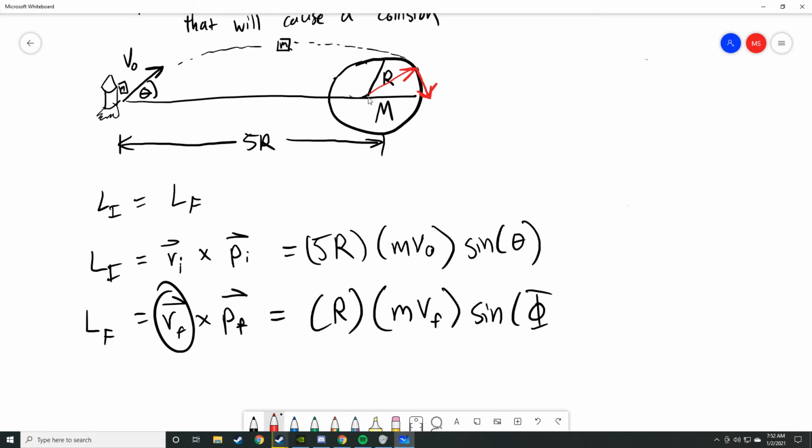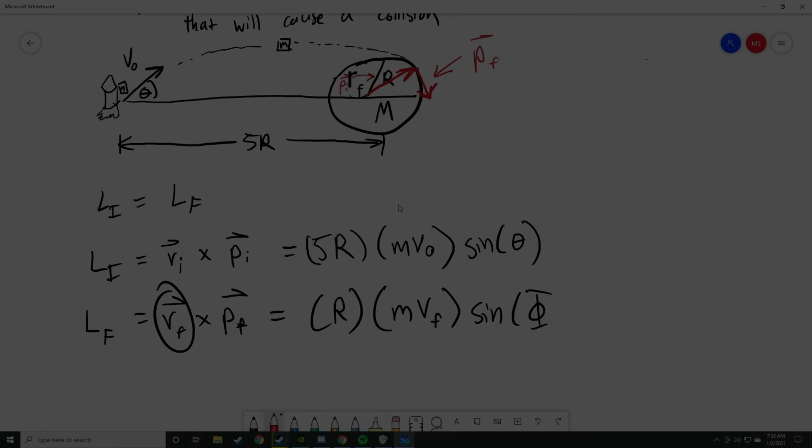And we know that a radial line is always perpendicular, always 90 degrees, to a tangent line. So this red one here represents P final, and this red one here represents P initial.